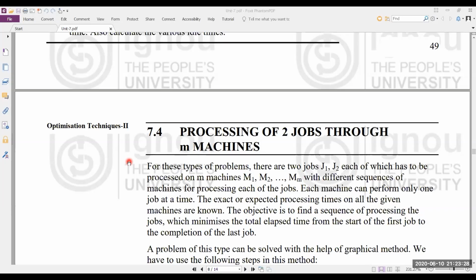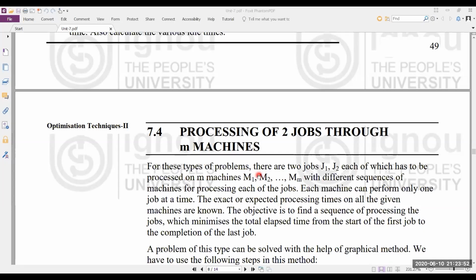As we have taken the example of sewing and making a shirt, there are different machines: cutting machine, sewing machine, and packing machine. So there are more than 2 machines. How will we do the jobs through more than 2 machines?